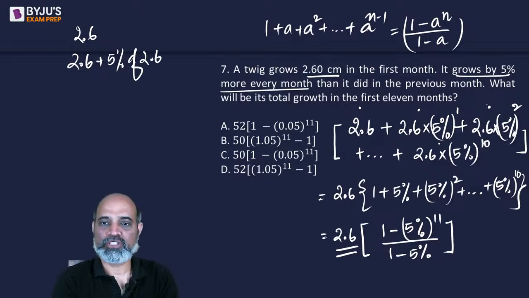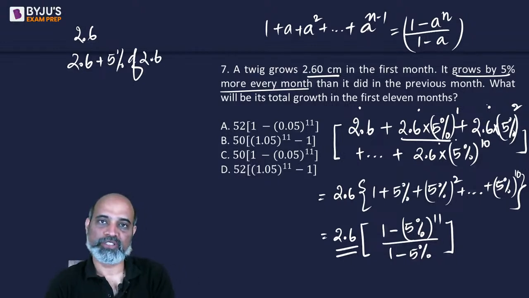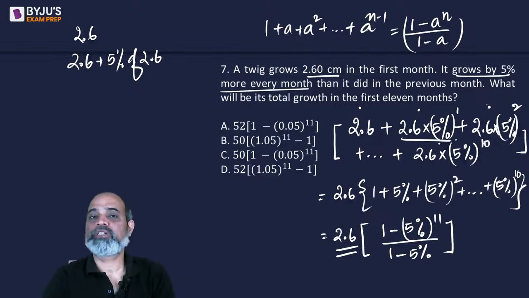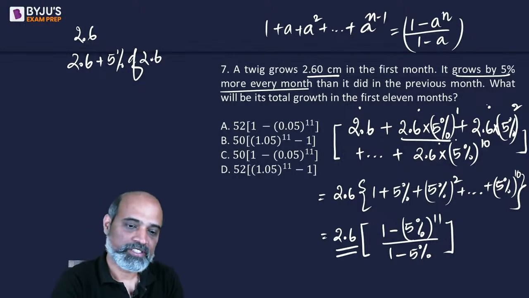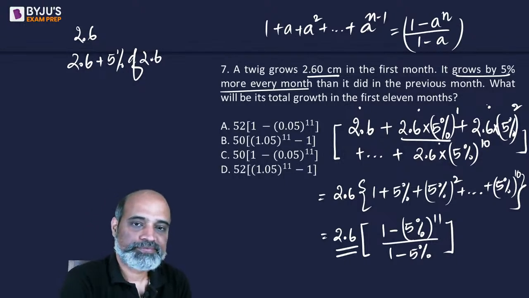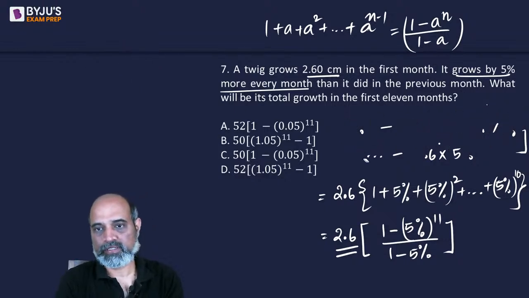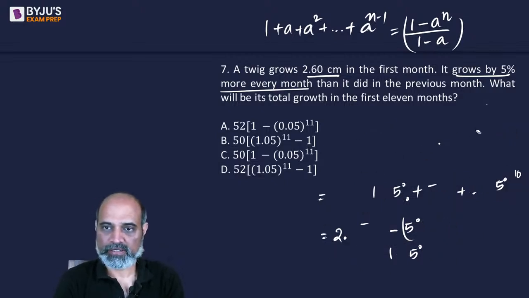It's not going to just grow by 5% of 2.6. It's going to grow 2.6 plus 5% of 2.6. So the growth is increasing by also 5%. Okay. So the very basic calculation में यहाँ पर ये mistake है. यहाँ पर बस एक थोड़ा सा change आएगा, but we will need to.